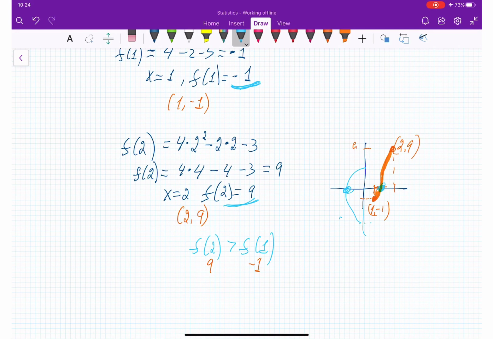Be it from here to here, either way. You are going to cross the value of x at the point where y is equal 0. So if the signs of these y's, like f of 1 and f of 2, flip, negative here, positive here, they have different signs. That means there is definitely a real 0. Okay?